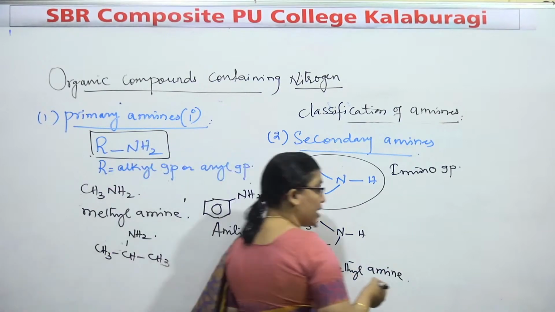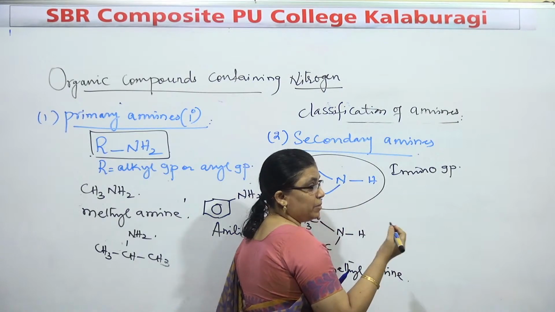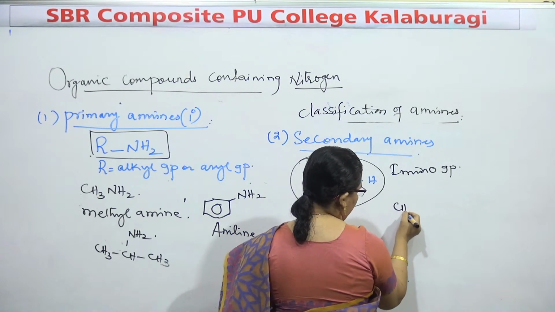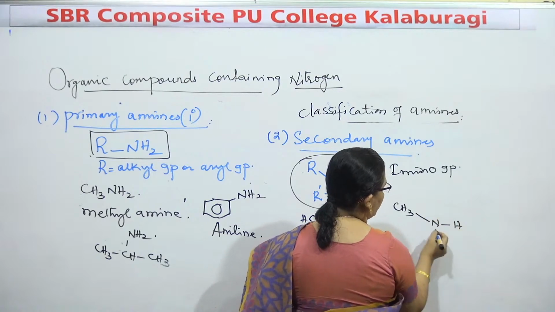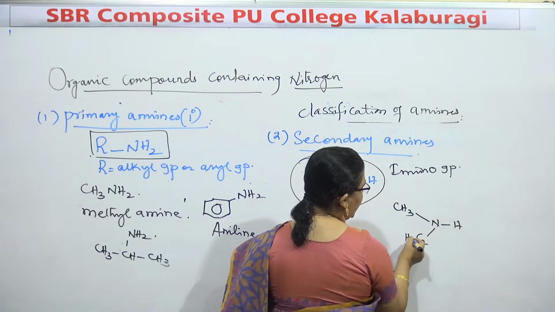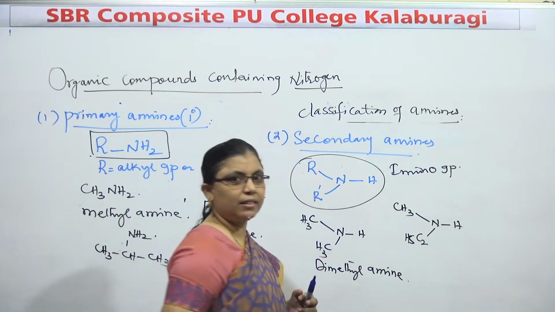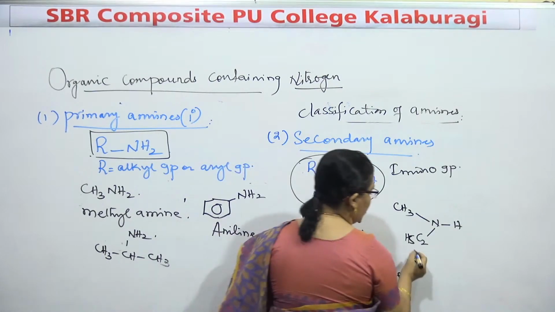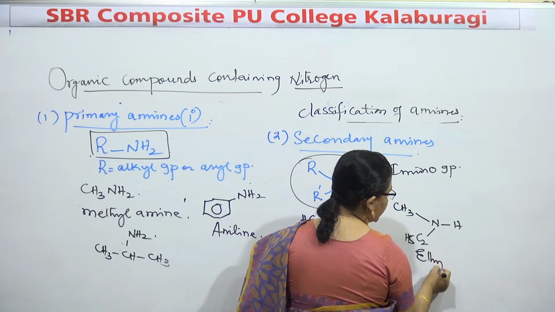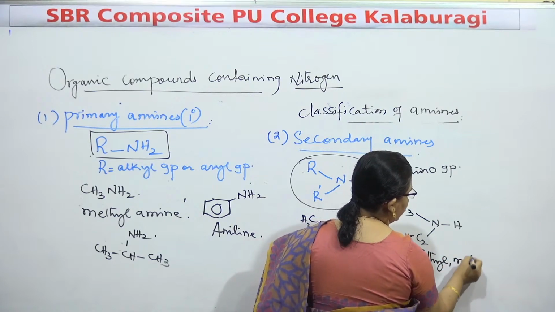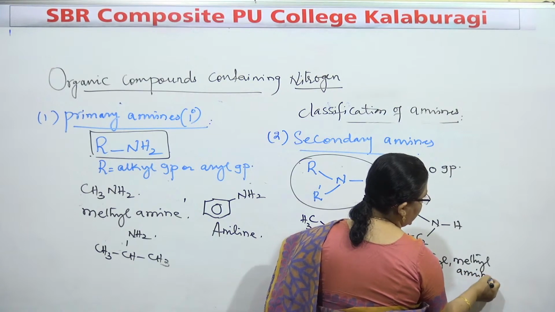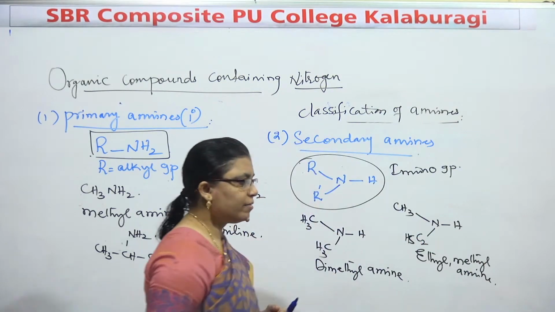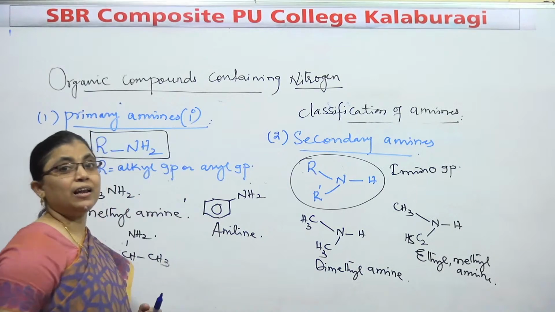One may be aliphatic, one may be aromatic. Another example: one is methyl, nitrogen with hydrogen, another is ethyl. They are called ethyl methylamine.